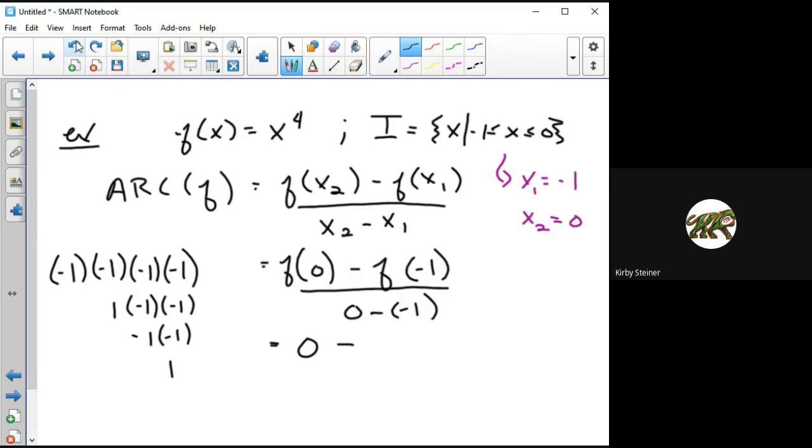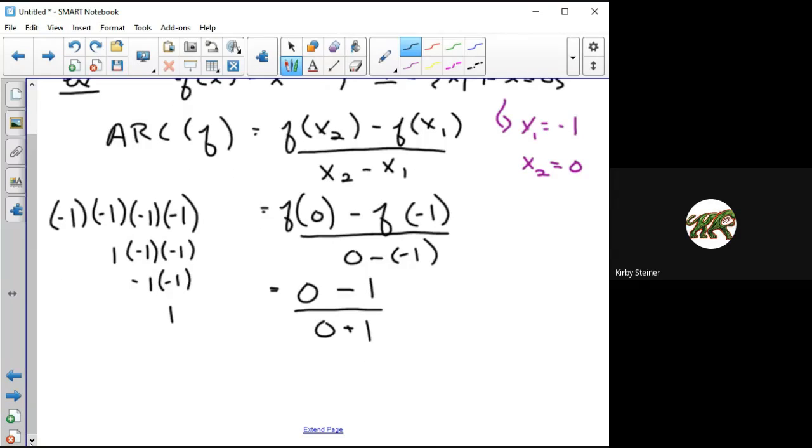So 0 minus 1 divided by 0 minus -1, which is the same thing as 0 plus 1. So this is going to be -1 over 1, which equals -1. So we can see that the average rate of change of x to the fourth from -1 to 0 was -1. It went down.